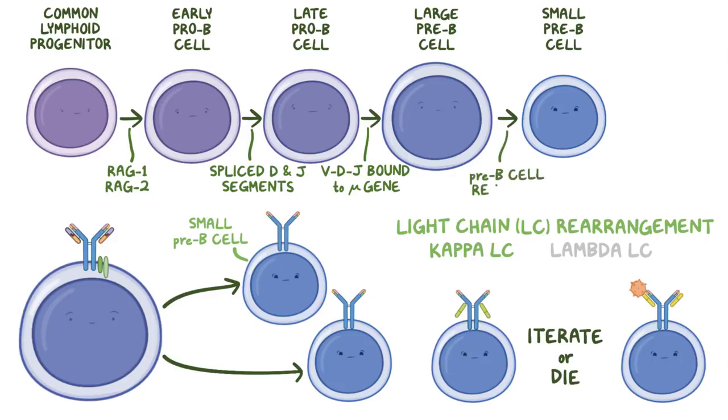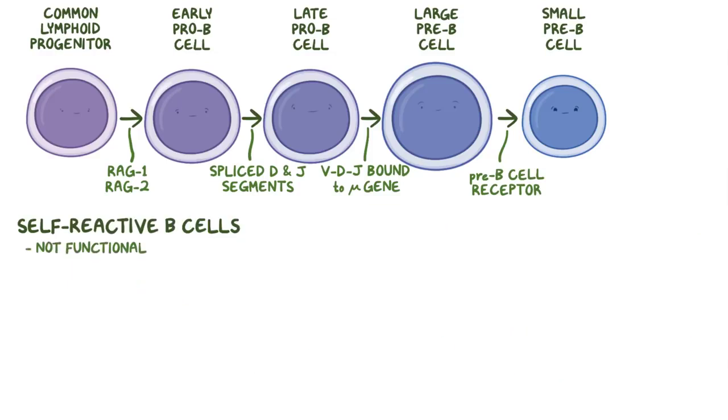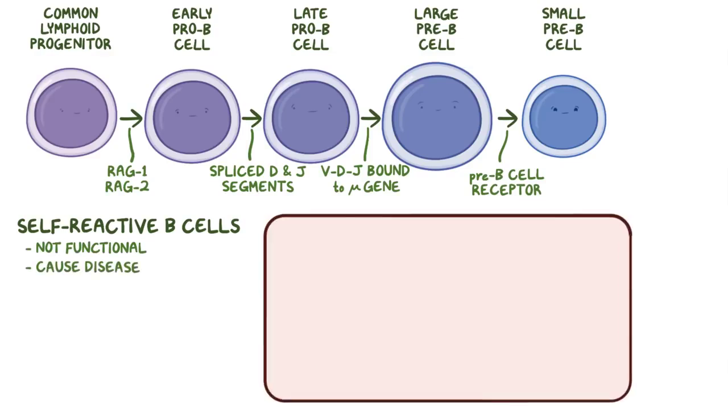Not allowing B cell receptors to be self-reactive is super important, because if these faulty or self-reactive B cells are released, then they might simply not work and they might attack self-tissue and cause disease. To identify the self-reactive B cells, there's an autoimmune regulator gene, called AIR for short.